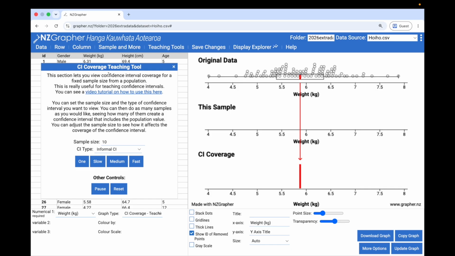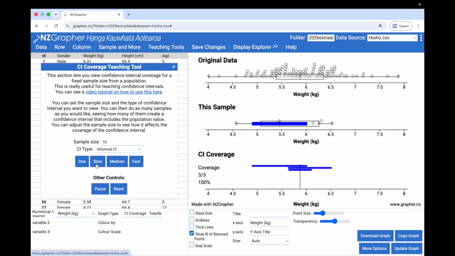So I'm going to just do 1. So here is a sample of 10. I can see that I've got a confidence interval that's about that wide for my median, and it plots it down the bottom. And so far, 100% of our confidence intervals have had the population median.